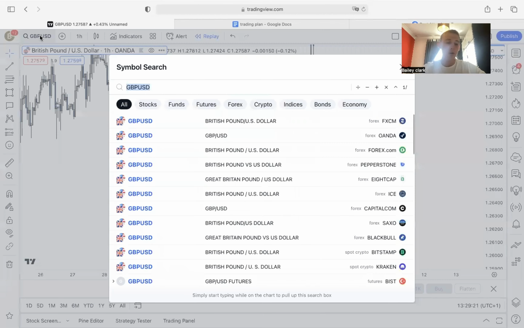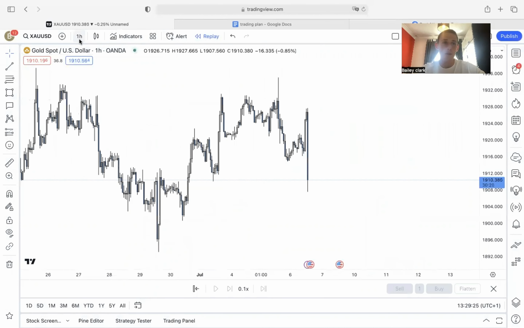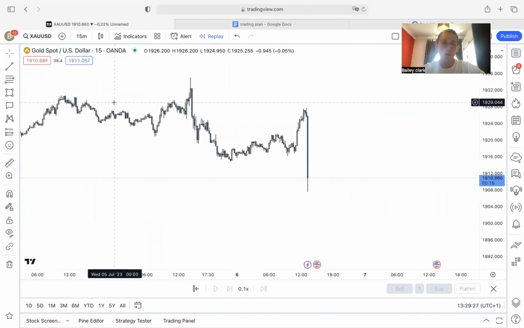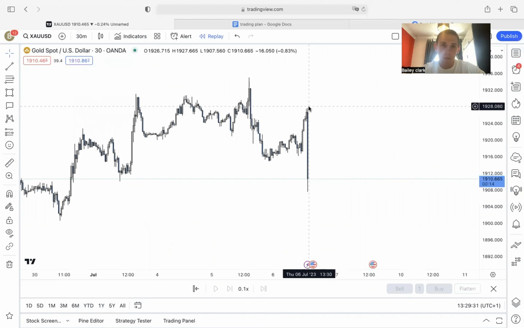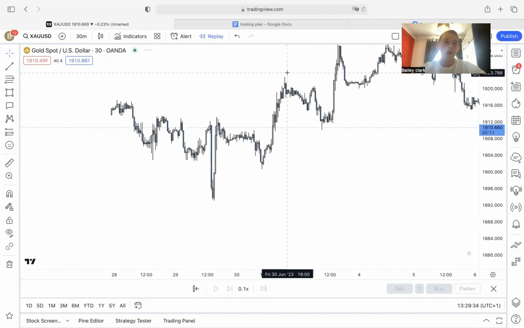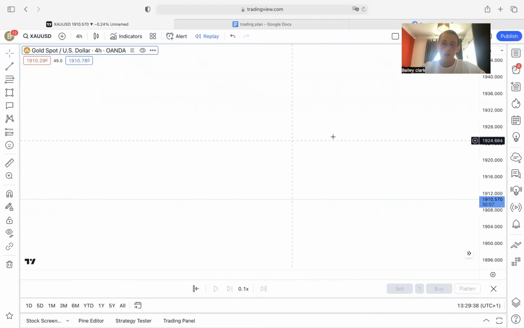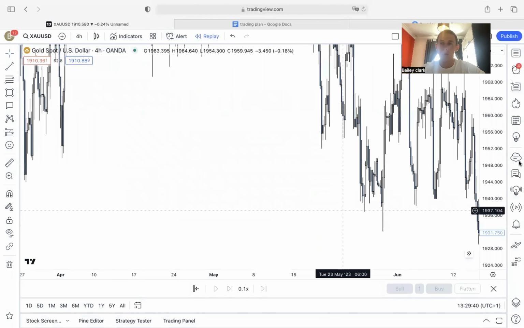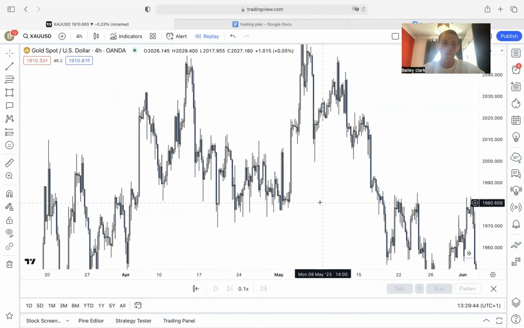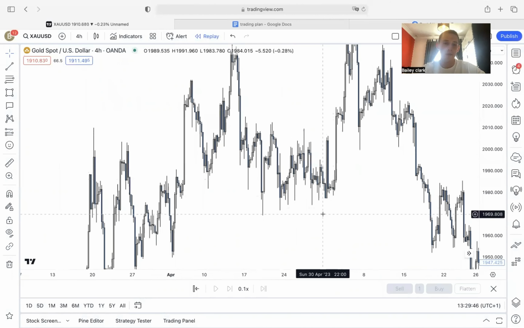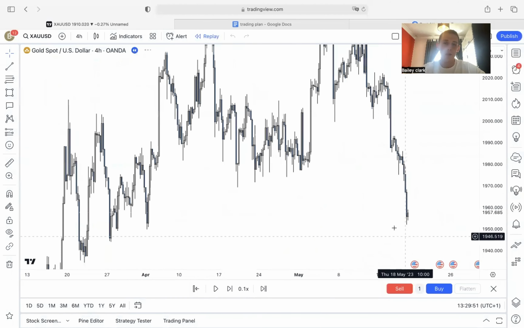If we go through gold, I know a lot of you guys like to trade gold, so this would be a good example. Okay, so if we go back, just to here.